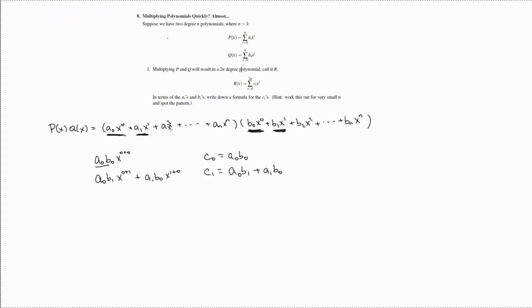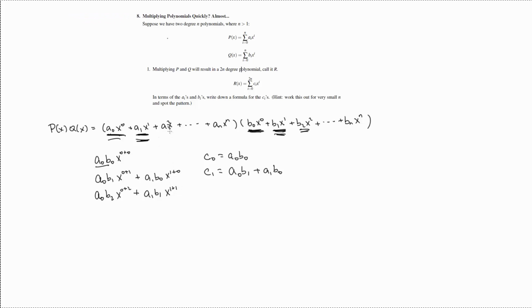Now how can we get a power of x squared? Well, we could have a0 b2 x to the 0 plus 2, which is this term multiplied by this term. We can also have the product of two linear terms, so this term times this term. So that would be a1 b1 x to the 1 plus 1.